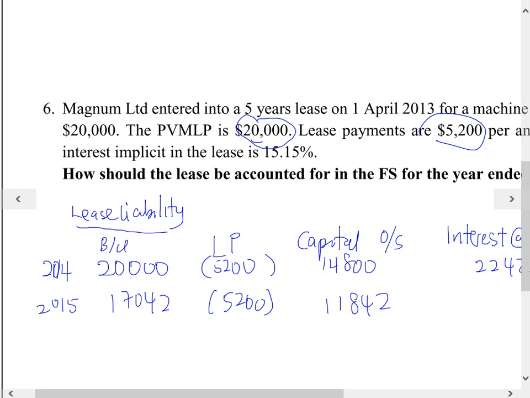Wrongly treated as operating lease as rental. You know, the substance over form. The contract, they say, okay, every month I'll pay rental, and I'll charge as expenses. But by applying substance over form in accordance to this standard, we must recognize asset and liability. So they recognize as rental, which is wrong. So they must recognize as asset.